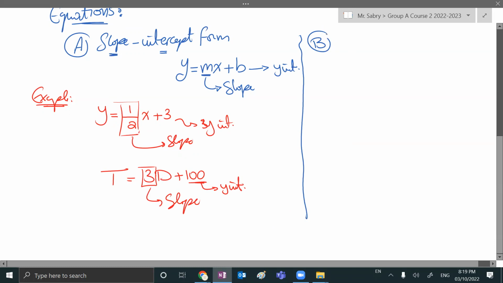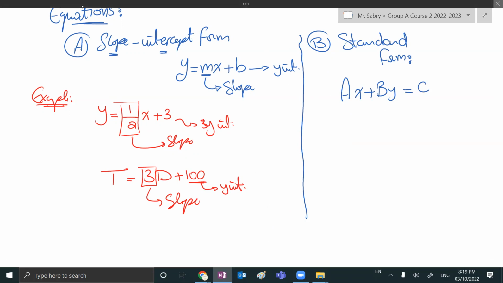Okay. The other form is the standard form. It's a very important one because this is the one they use a lot in tests to confuse you a bit. This form is whenever you have x and y both on the same side of the equal sign: ax plus by equals c.